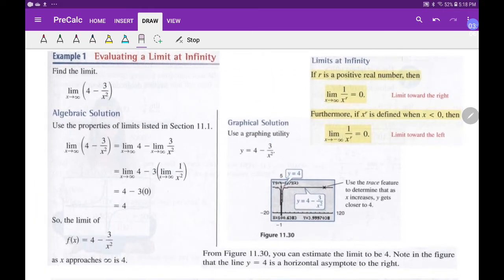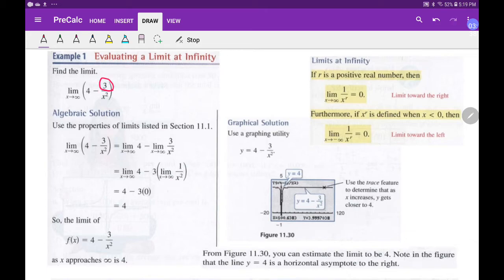You can see that as x approaches positive infinity, this is going to get really big, and the 3 may as well not even be there. So as x gets huge, this just drops off and I have 4. And you can see that is what happens. It goes up here and gets really, really close to 4. It never quite gets to 4, but it gets really close. When x is really, really tiny, 3 is huge.